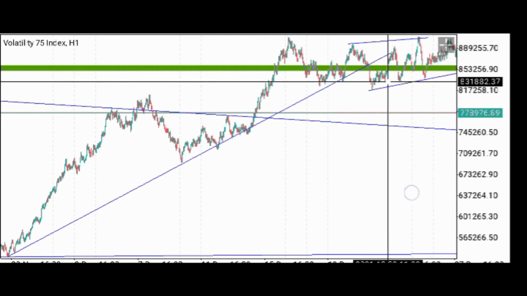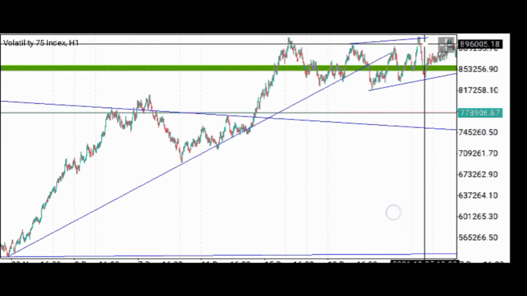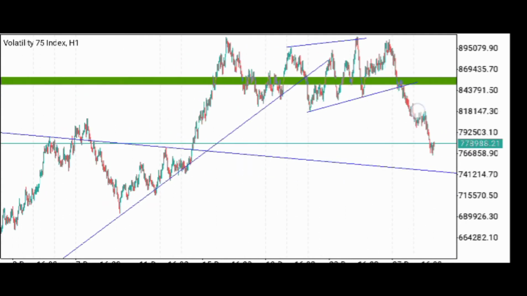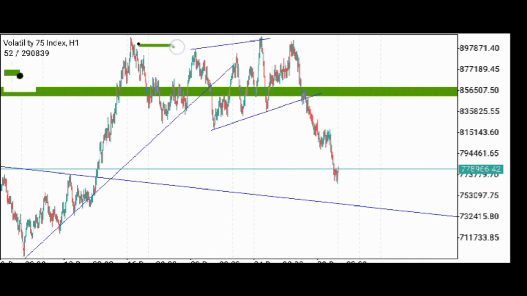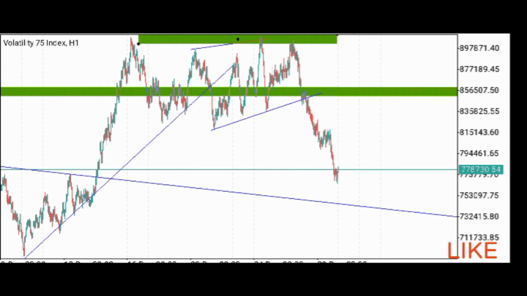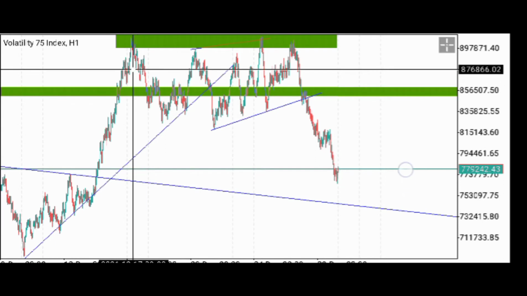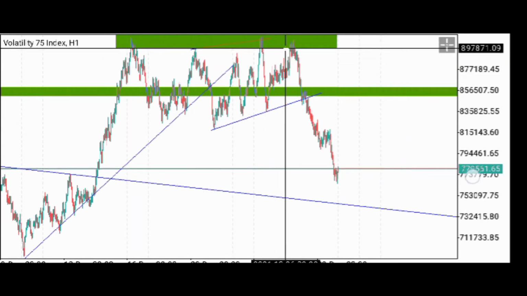Okay, we have a higher high, higher low, higher high, higher low into resistance. But what happens is that price ends up respecting this area over here. It was tested for the first time, second, third.